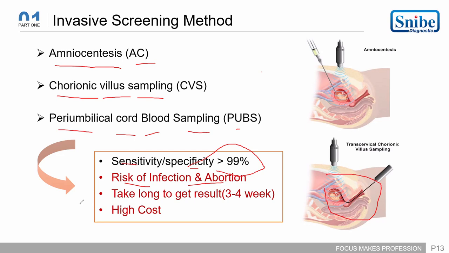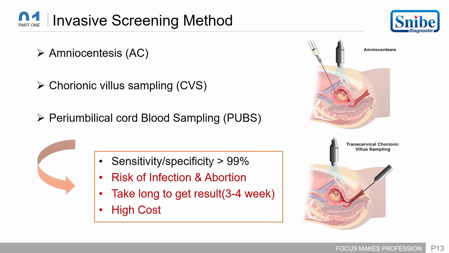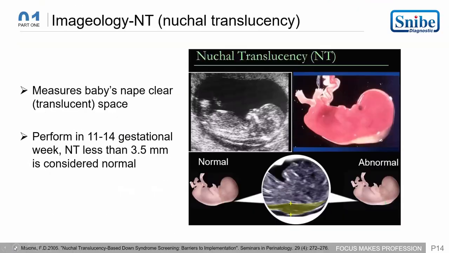They also take a longer time to get results, around 3 to 4 weeks for amniocentesis, chorionic villus sampling, or umbilical cord blood sampling. The cost is also high. For these reasons, these invasive procedures are nowadays used for confirmatory tests.